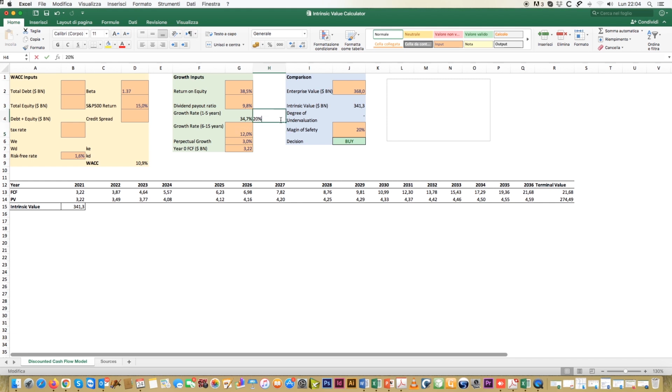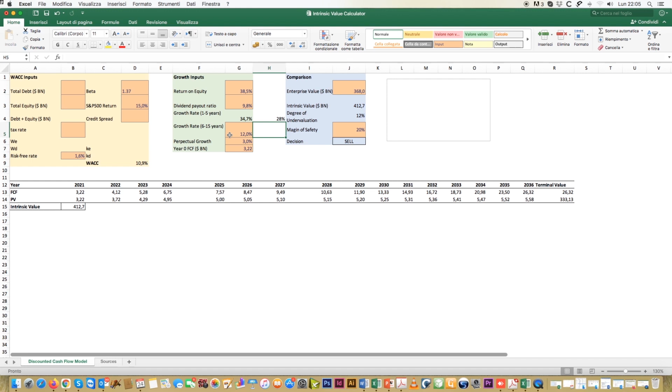So in order to justify these prices, these multiples, the company would have to grow at around 30% per year. Let's stay a bit more conservative, let's say 28, and the degree of undervaluation would be very, very little.